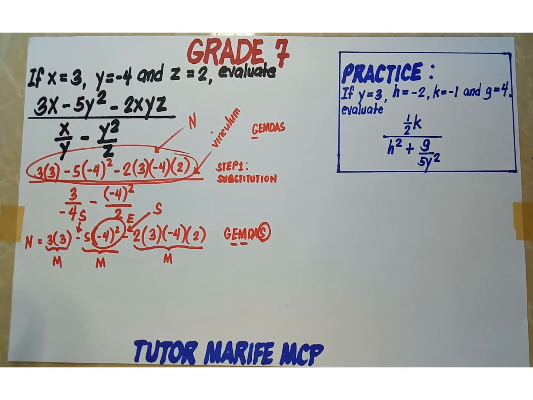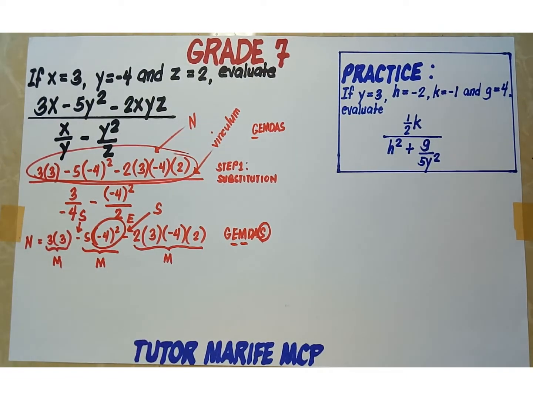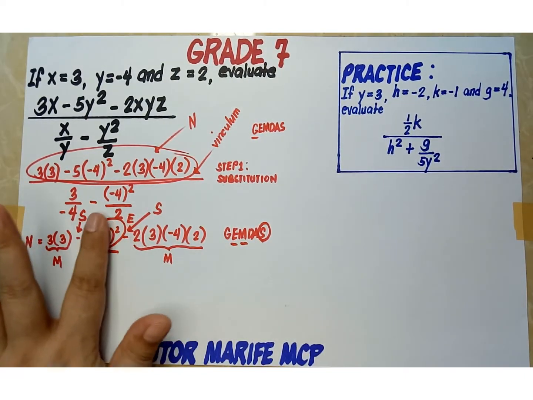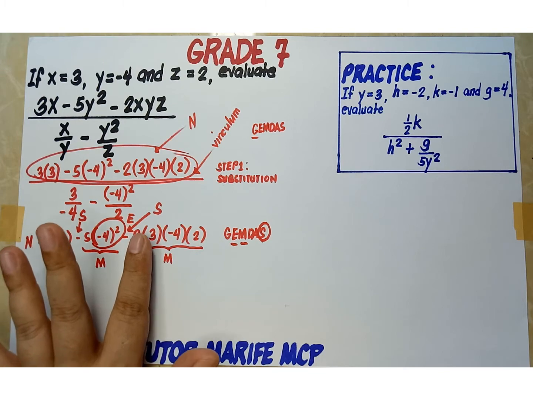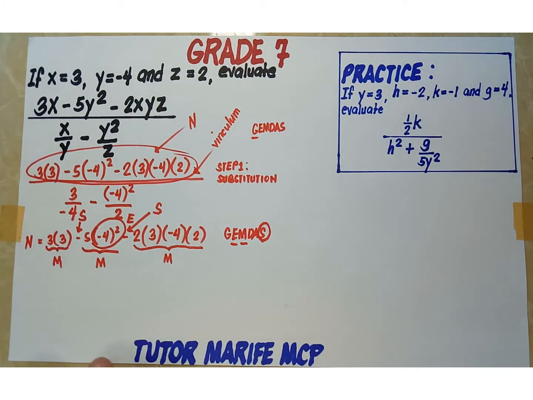Hindi mo pwedeng gawin yung sabay kapag nasa iisang term lang sila. So, yung multiplication naman natin dito ay nasa first term eh. Tapos, yung exponentiation natin ay nasa second term. Tapos, itong another multiplication operation natin ay nasa third term.